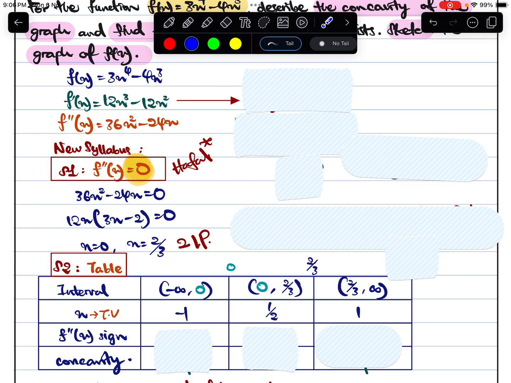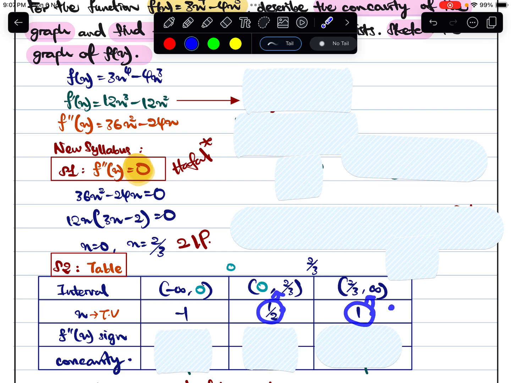So there you go. You know how to find these intervals. There are 3 of them. Because of 2 inflection points, you will have 3 intervals. And then you sub in the test values. You can use -1 or -2 or -3, up to you, as long as it is inside the interval.